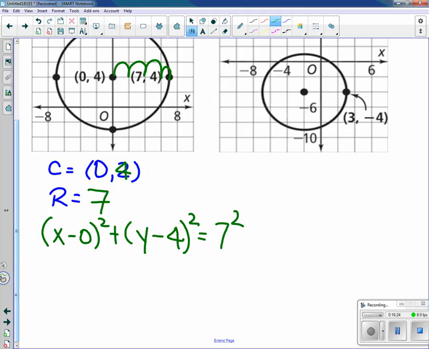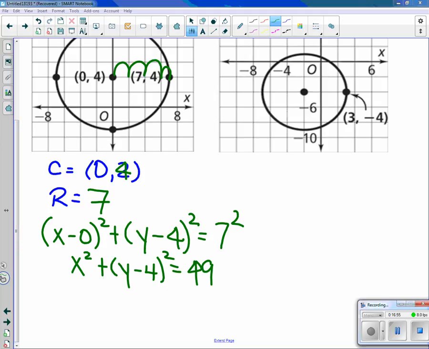So I really need to write it as x squared plus y minus 4 squared equals 49. It's the same thing. All I'm doing is writing it from a graph. That's all. Now, I want you all to tell me what the center is here and the radius.